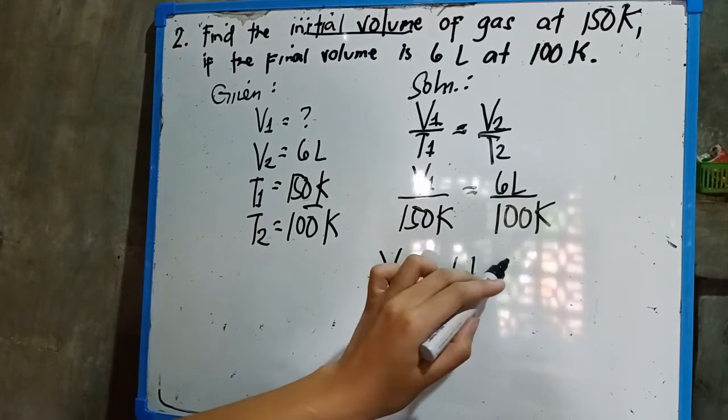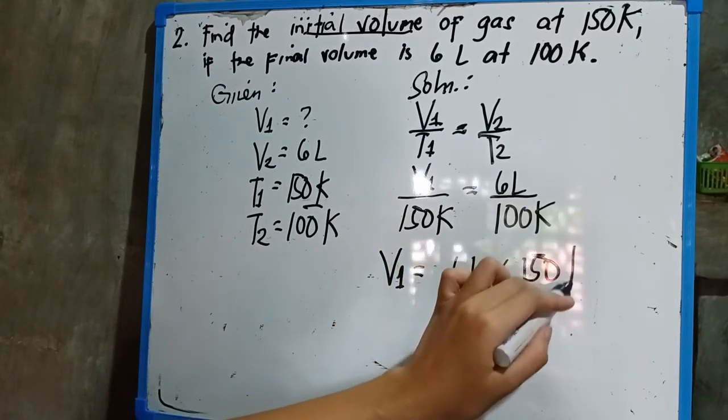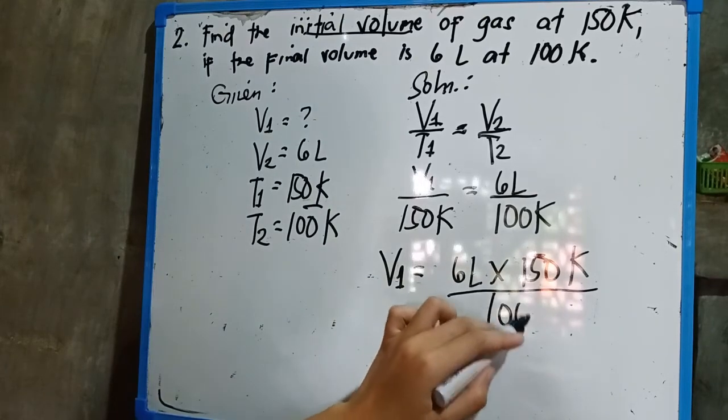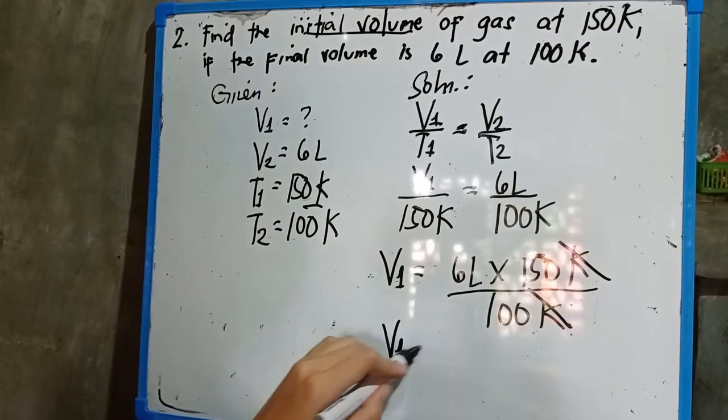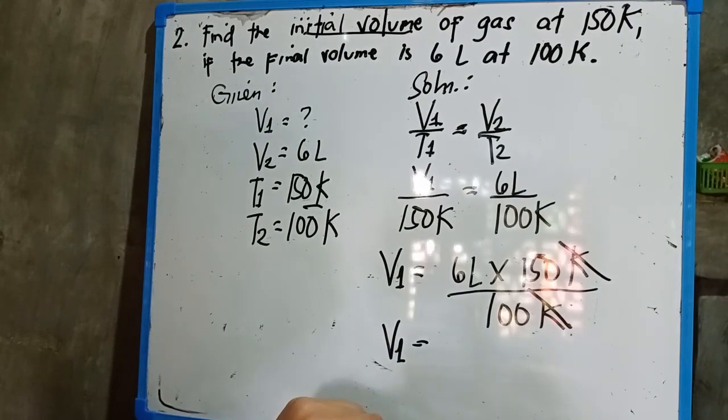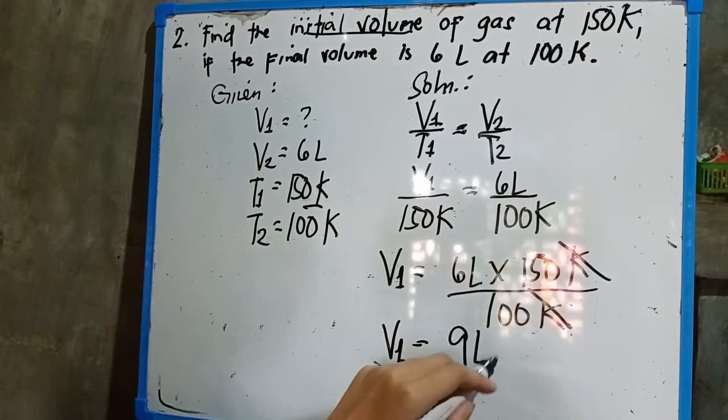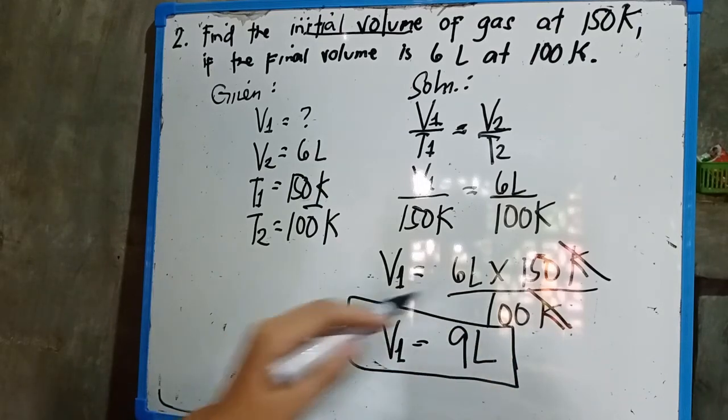Cancel out the temperature, and what remains is the liter. Now we can get our initial volume. So, 6 multiplied by 150, then divided by 100. Our initial volume is 9 liters. So this is our final answer.